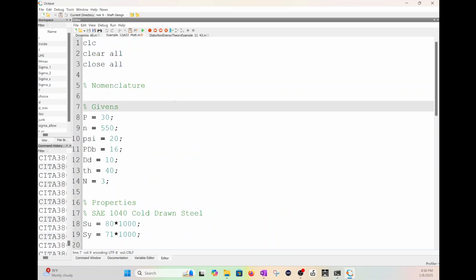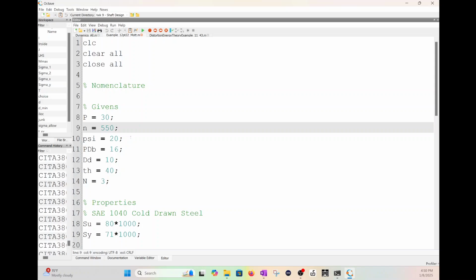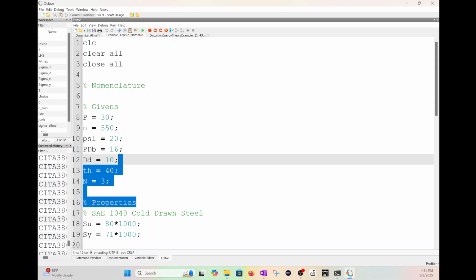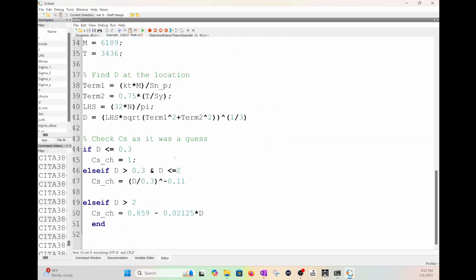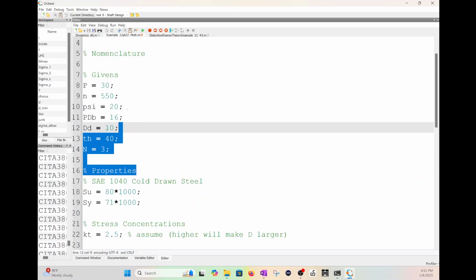Okay. So here is our givens. We got P, which is your horsepower, RPM. This is your, hold on, what was 20? PSI. Did I use 20 somewhere? I'm not sure why I had that.